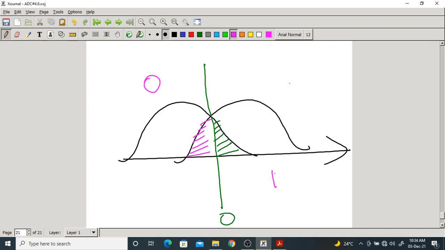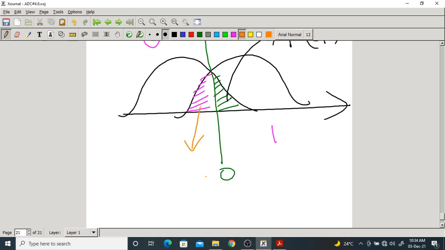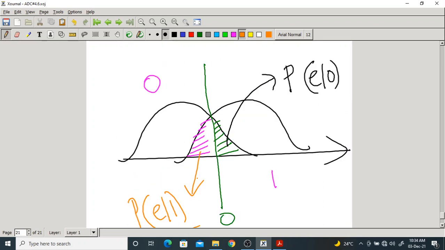This is for 1, let us take. Now what does this area indicate? The conditional probability of getting error when 0 is transmitted. And what is this area? The probability of E given 1. Isn't it? Okay.